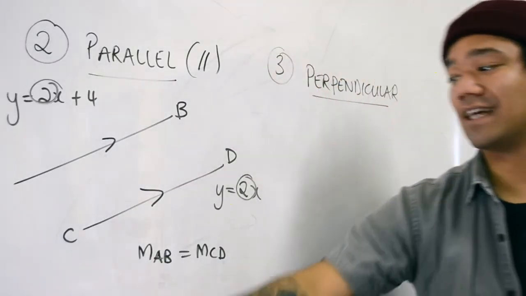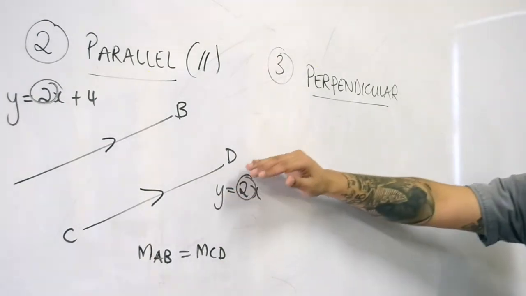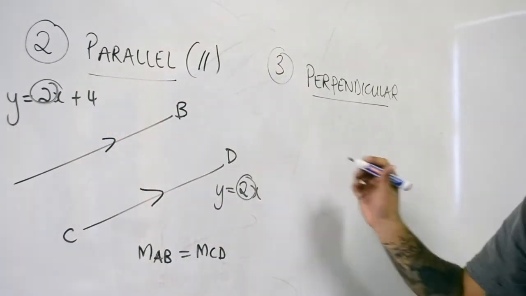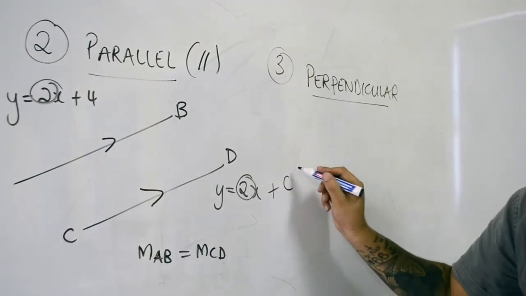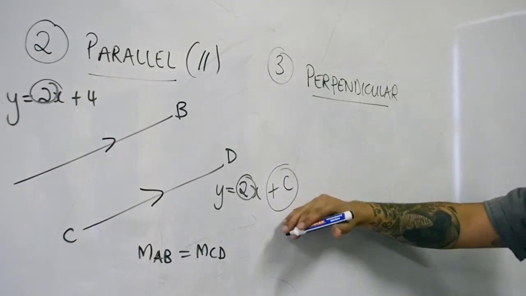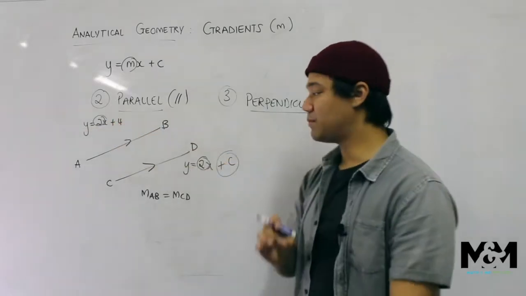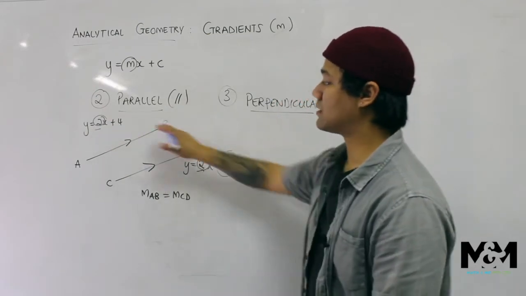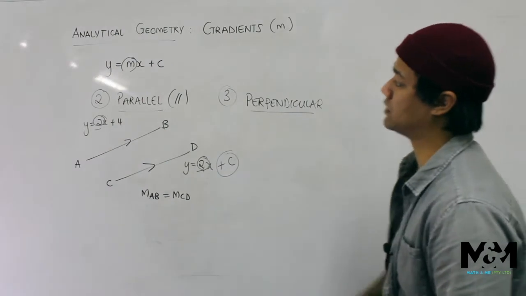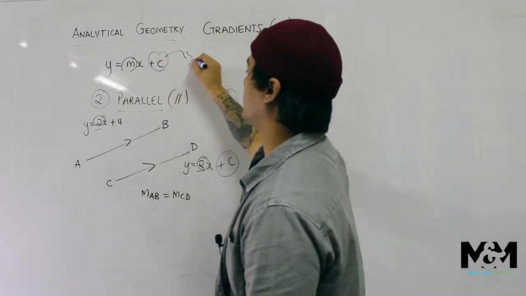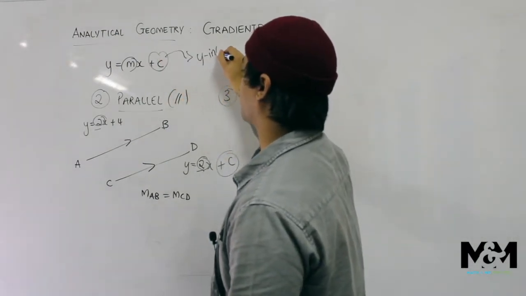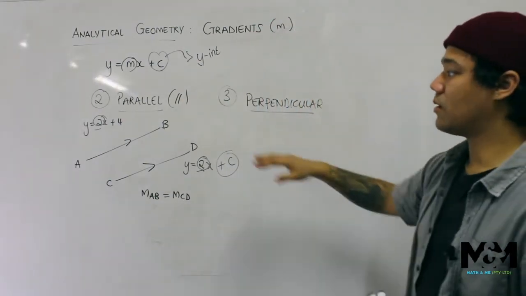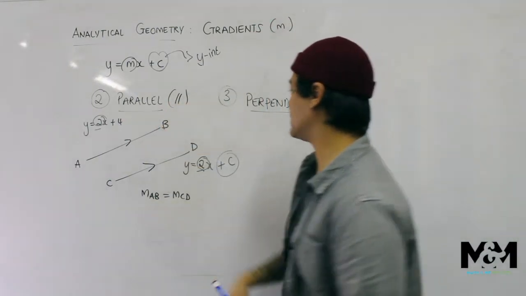You cannot say that the equation of line CD is also 2x plus 4, because it will have a different c value. If it has the same c value, then it is line AB. So keep in mind that only the gradients are the same, not the c values, also known as the y-intercepts, because the c value is the y-intercept of straight lines. So parallel lines have the same gradients.